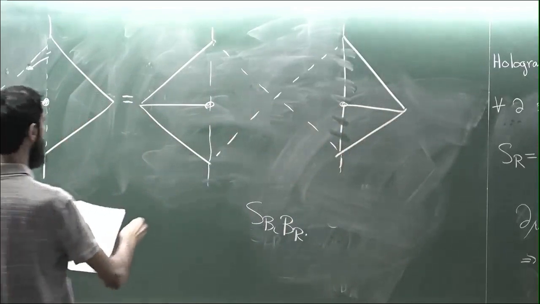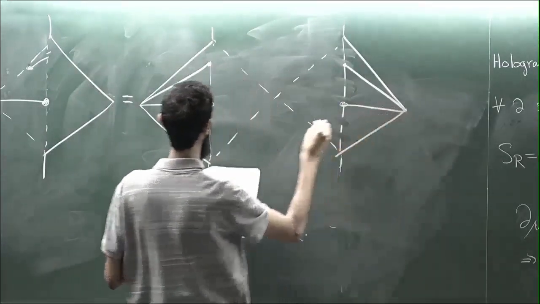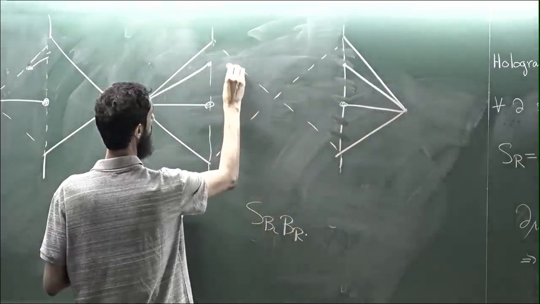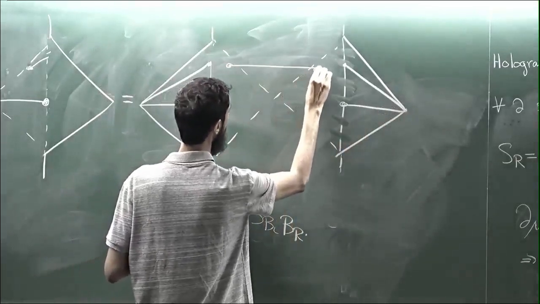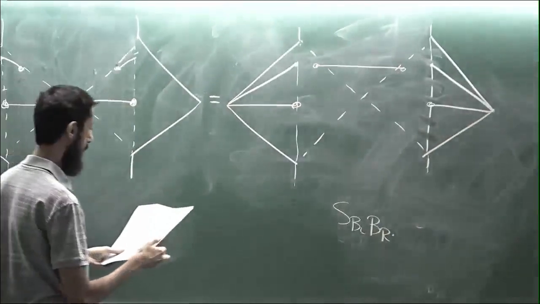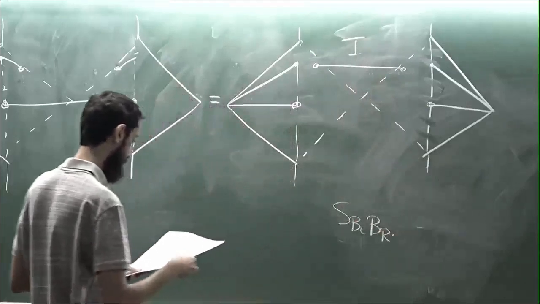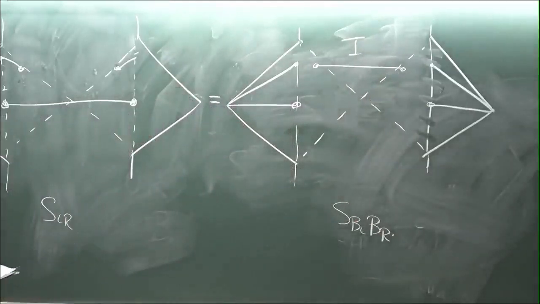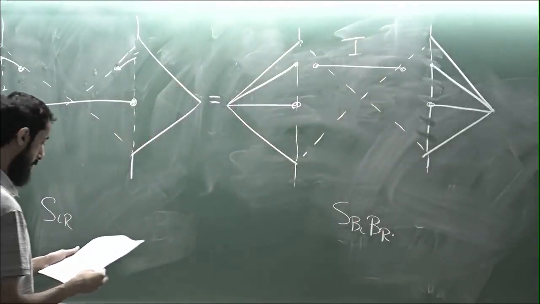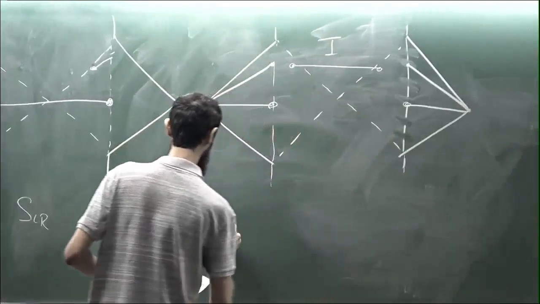But at late times, you need to include a contribution coming from a region in the bulk. So these 2 points connect to these 2 points, which I will call this region I. And the correct answer for BLBR can be written as follows.